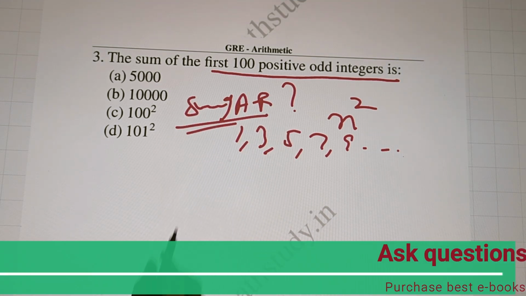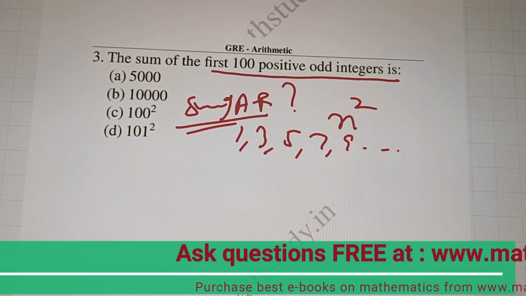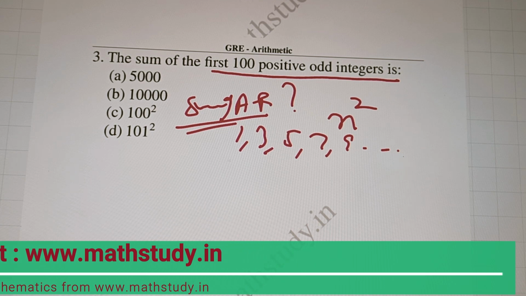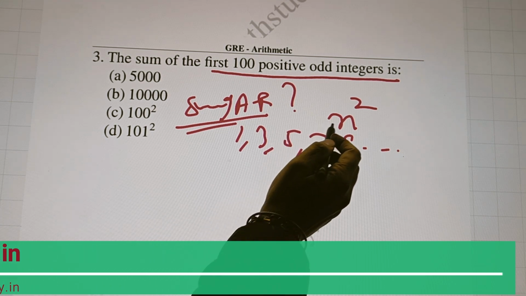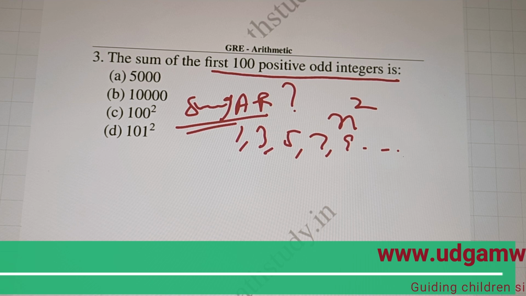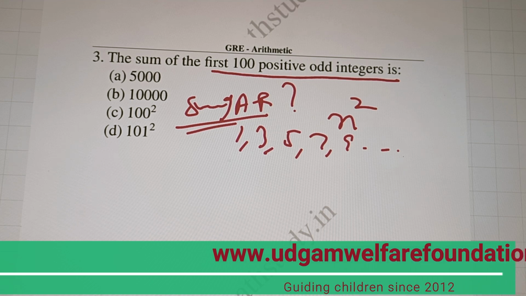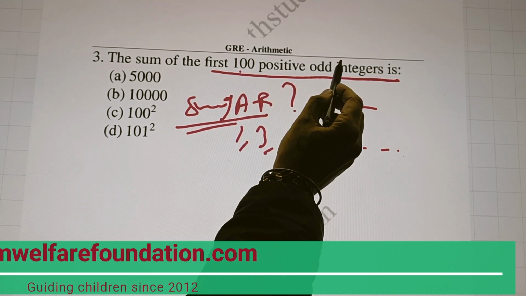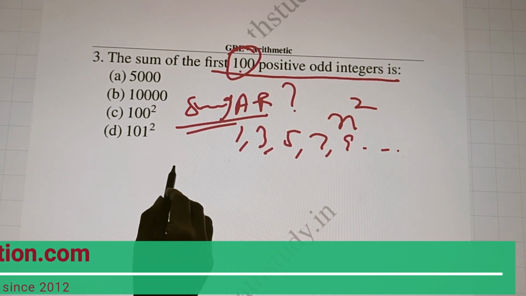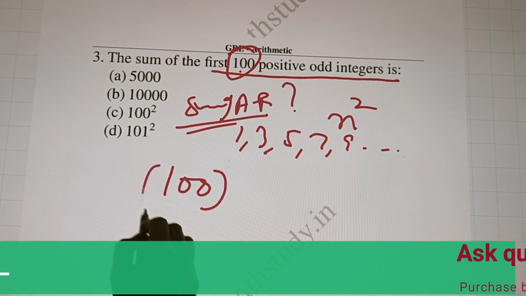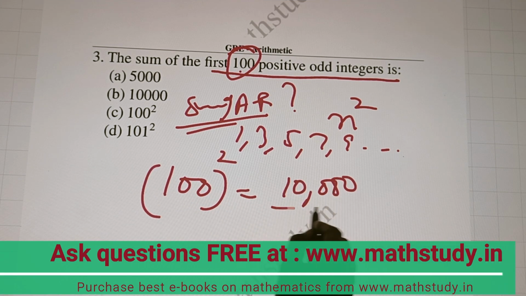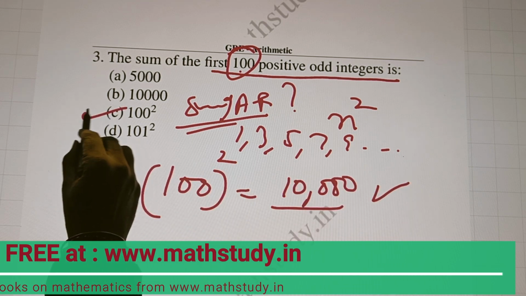If you have studied arithmetic progression, we are going to discuss that in our later sections as well. So from there we got this formula, n square. n is basically the number of positive odd integers. Here it is saying the sum of the first 100 positive odd integers, so n is 100 here. So simply we can say that 100 square will be the sum, that is 10,000. Very simple. So the answer is C here.